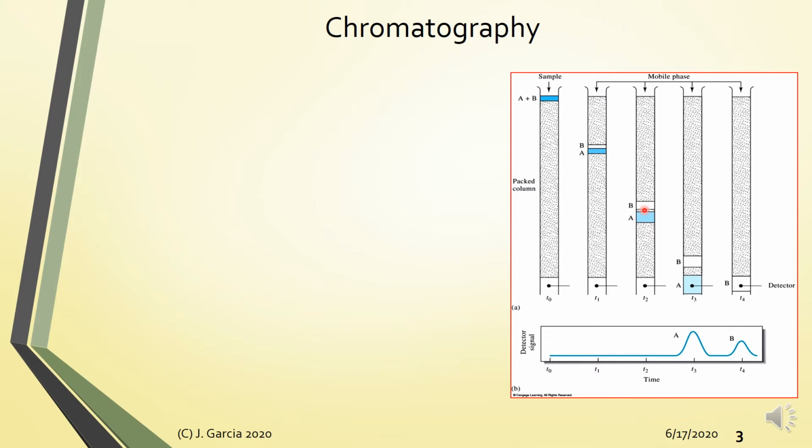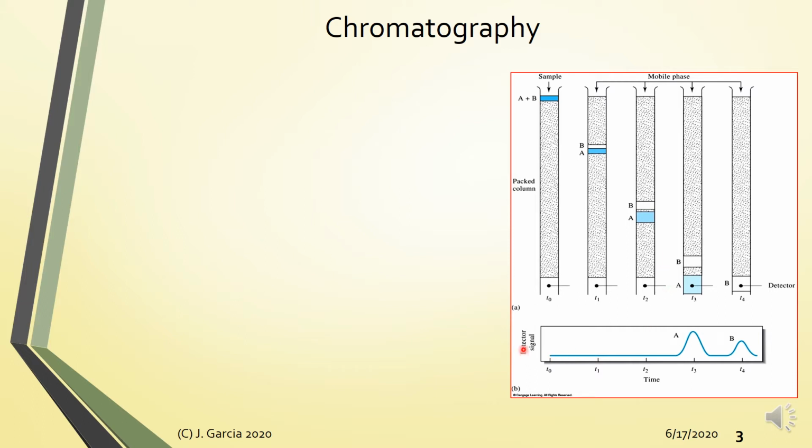Now in instrumental analysis, the only difference is that instead of using their eyes to see the progress of the elution process, we use a detector. The detector detects the elution of the components, meaning the event when they go out of the column, or the stationary phase.